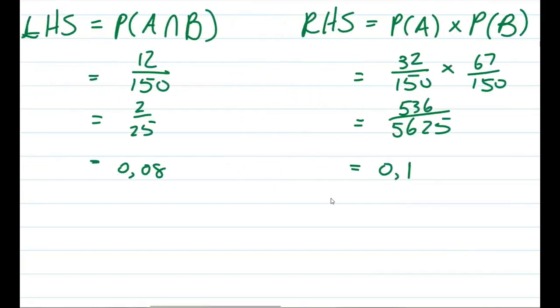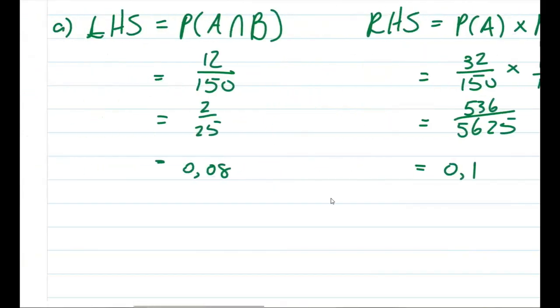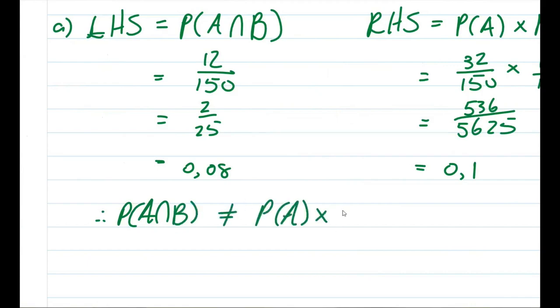Okay, now look at these two, the left-hand side and the right-hand side. Are they equal or are they not equal? Not equal. So that means the probability of A and B is not equal to the probability of A times the probability of B.